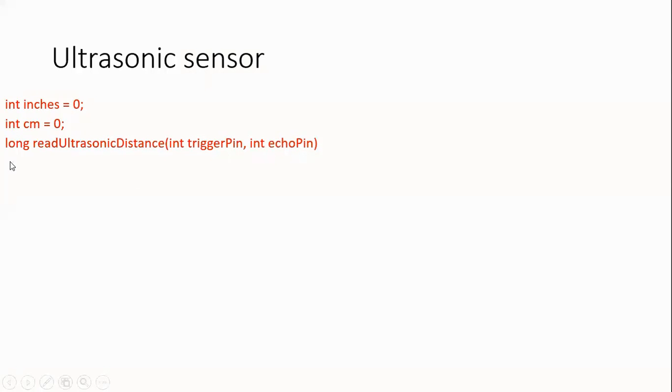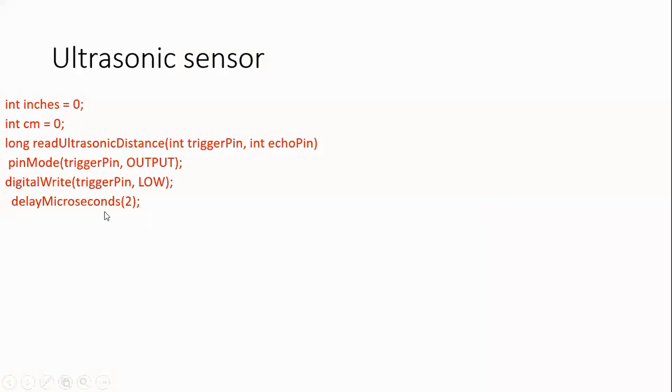Now here we specify that the trigger pin is going to be an output by using the pinMode configuration. And next, we write a low signal onto the trigger pin. Then we delay the process for 2 microseconds by using the delayMicroseconds function.